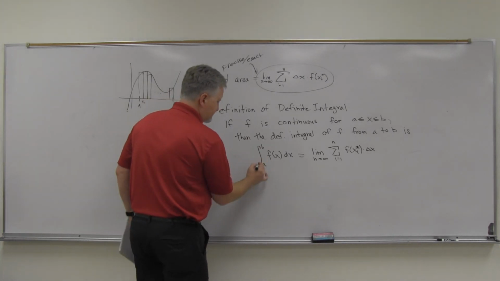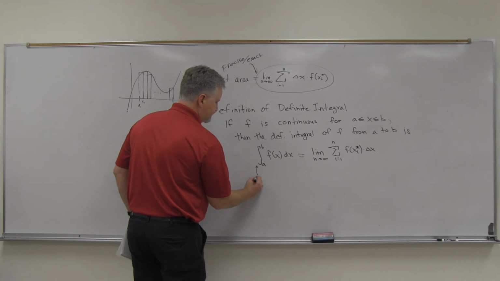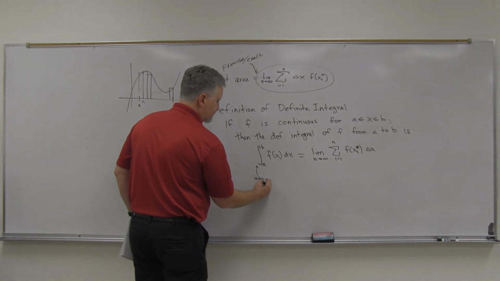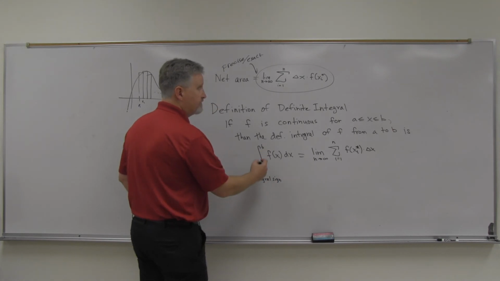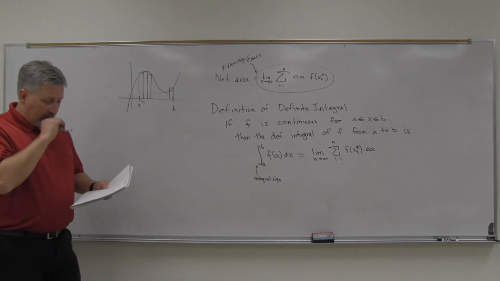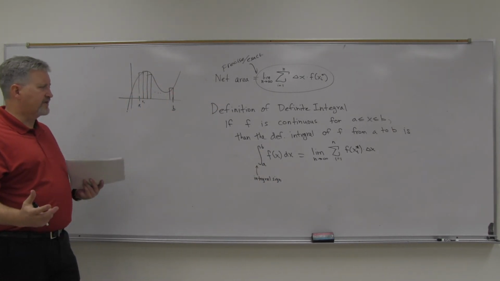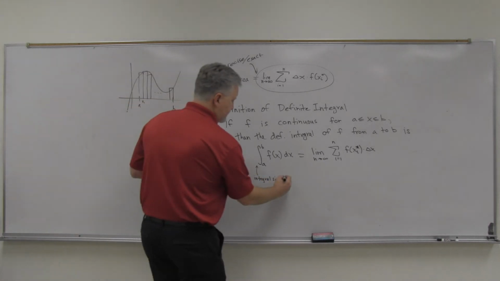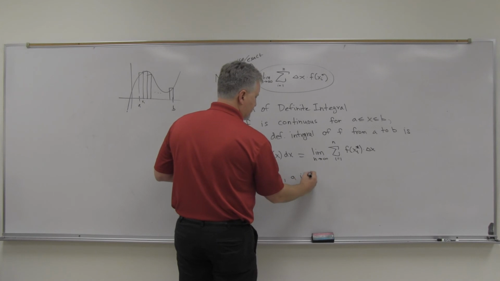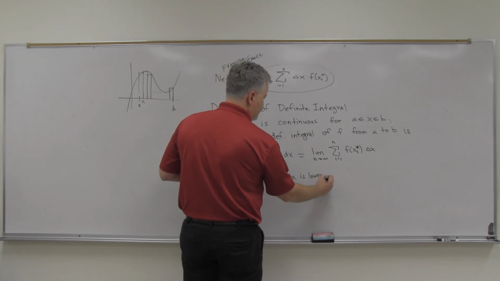We already talked about the symbol, that's the integral sign. The a and b, typically on an integral, you call those your upper and lower limits. a is the lower limit of your integral, and b is your upper limit.